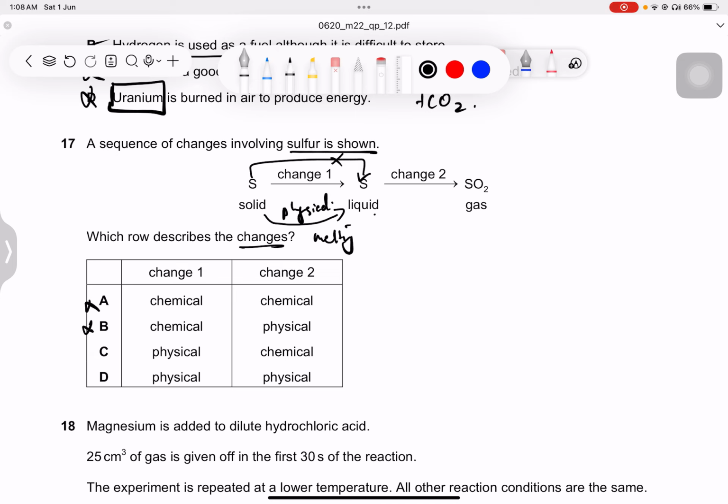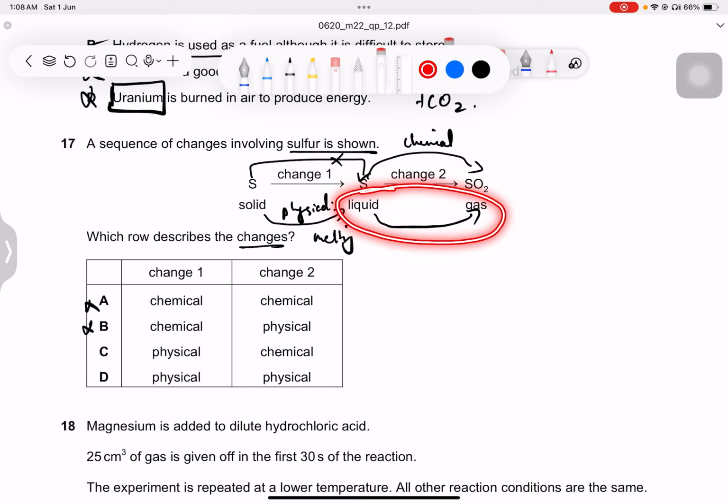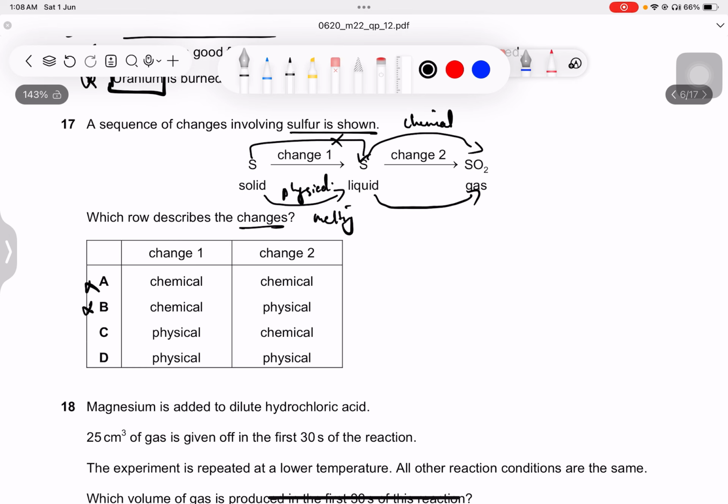Change two: the change in state is also taking place, but that is because of the chemical change. The change of state over here is because of this chemical change. So this is a chemical change indeed. This at first glance might seem physical, but the change of state is taking place because of the chemical change.